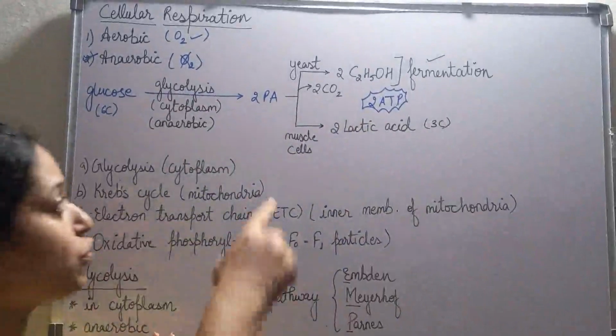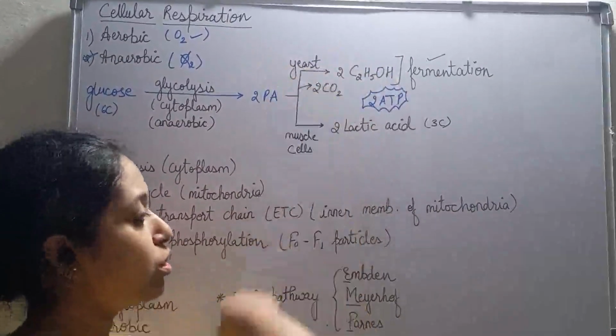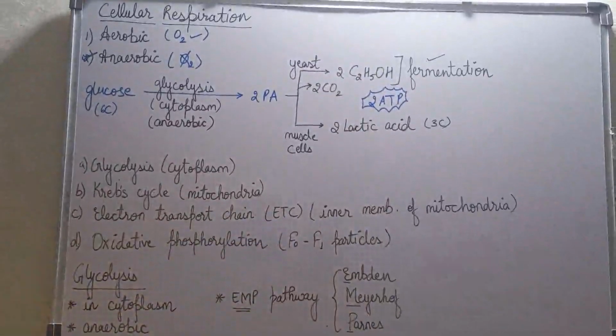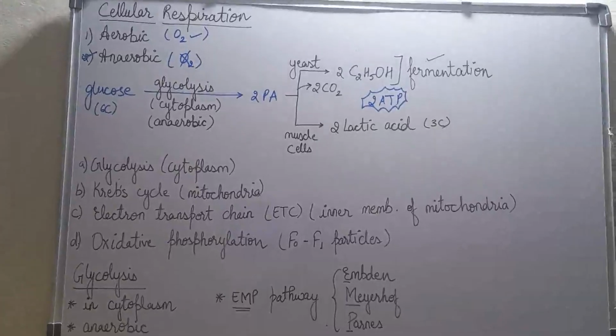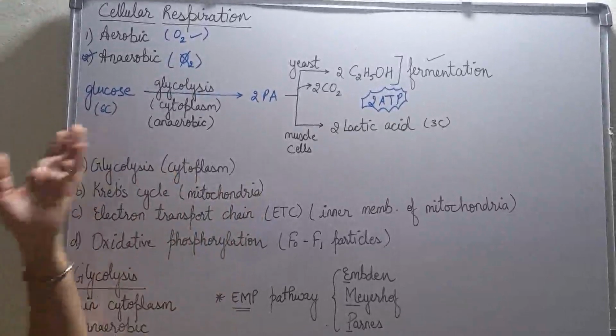This process, basically conversion of pyruvic acid into ethanol with the release of carbon dioxide, takes place in breweries. Breweries is what? Wine factories. In wine factories, this process is being done, that is glucose, grapes.